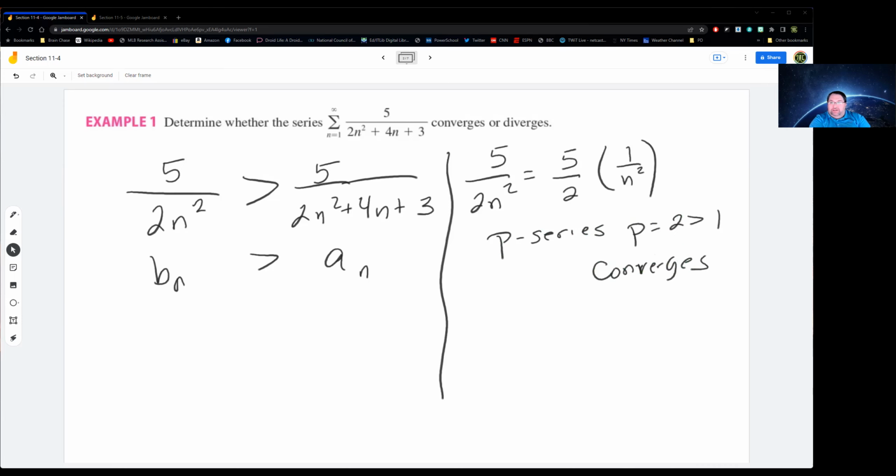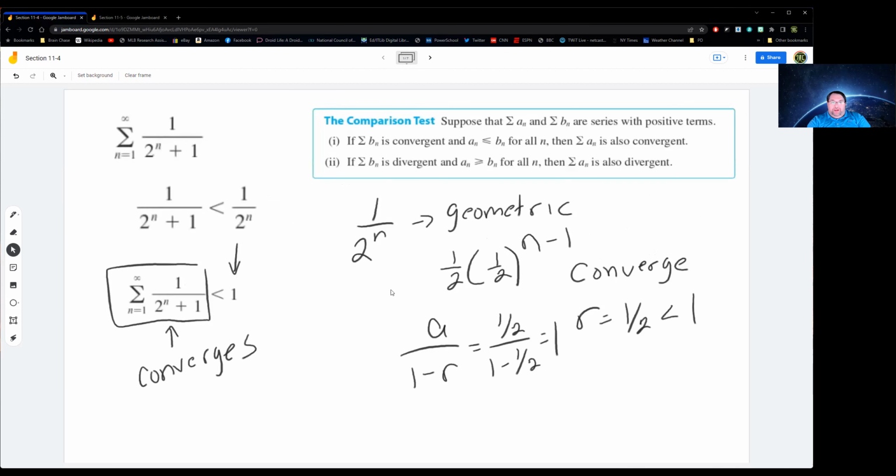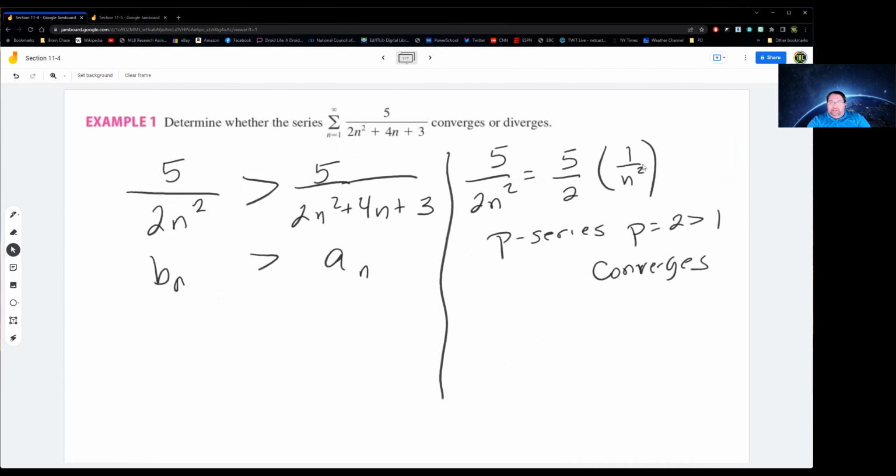So remember, p-series and geometric series are going to be our friends when we're looking at these. The geometric series is when the variable is in the exponent, and the p-series is when I have a numerical exponent.